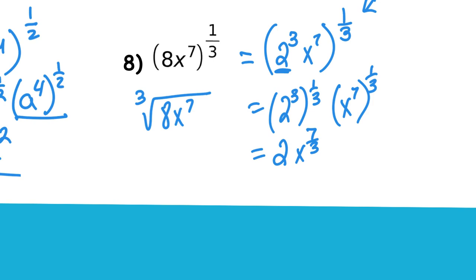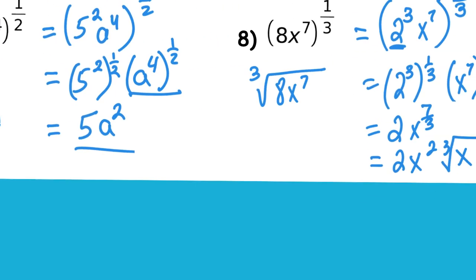Okay, so now we'd have to simplify that one some more. How many times does 3 go into 7? 2 times. So I got 2 remainder. So we've got to leave a cube root with an x inside of it. The way I taught you to do it with division yesterday, you can kind of see how it works out with this one.